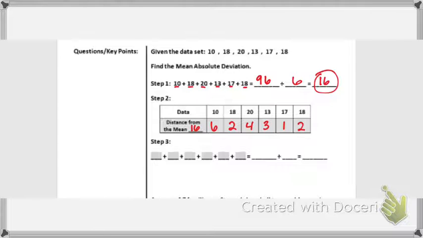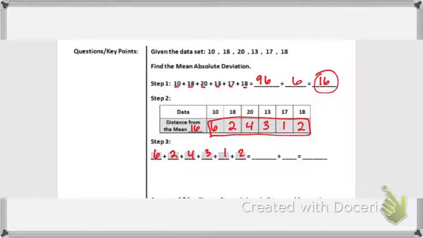Okay. Once we do that, we're going to use these numbers, we're going to get the distance from the original mean, and we're going to get another mean. Okay. So that's why it says the mean absolute deviation, right? Because we're going to see the distance between the mean, and we're going to get the mean of those. So we're going to add 6, 2, 4, 3, 1, and 2.